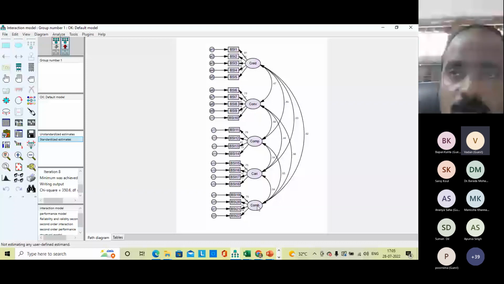This is otherwise called cross loading. Suppose BSI 18 loads on comprehension. That means the validity and reliability is not proven. Cross loading should be negligible or zero. Zero will never happen. Cross loading must be negligible, so that your model specification and model identification are very high.